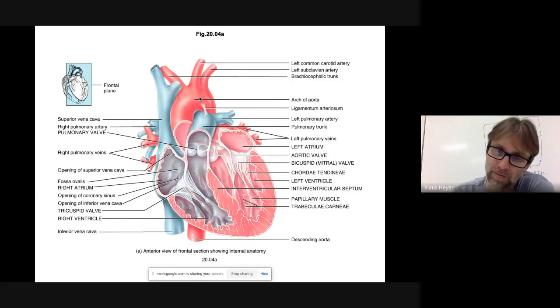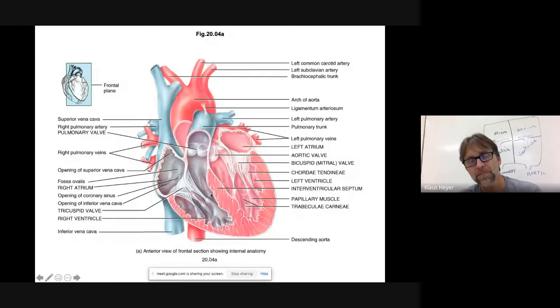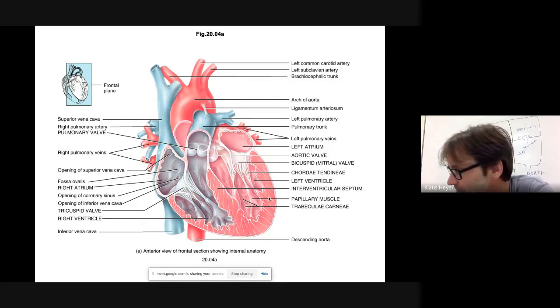All right, I'm going to back up a little bit and talk about this. So you see this meat? It looks like meat. If you've ever eaten a heart, it looks like steak that you would make fajitas from.